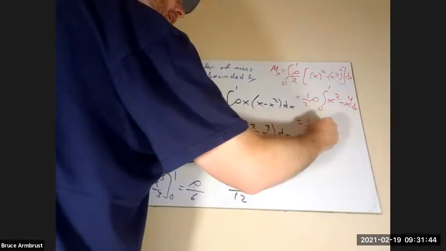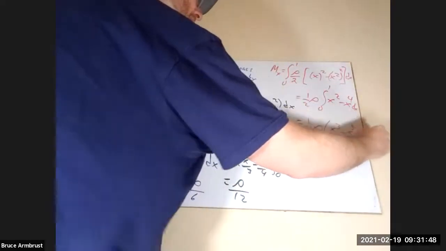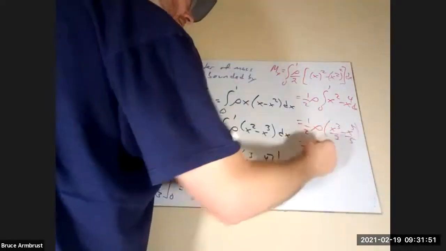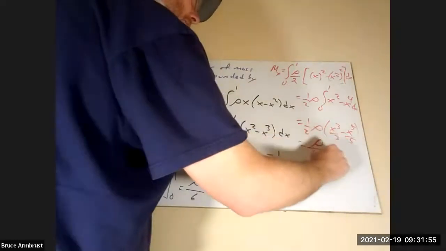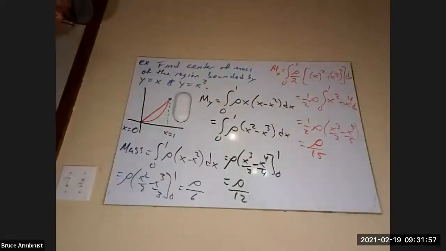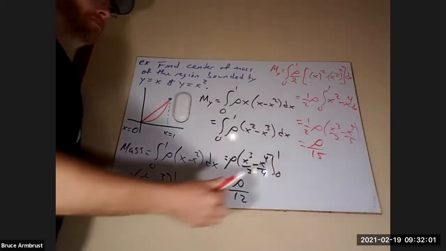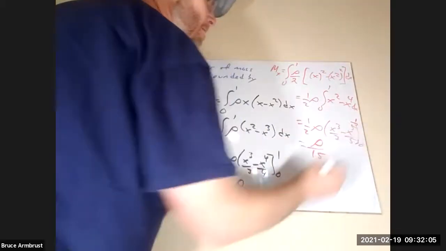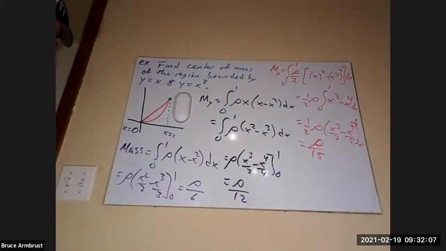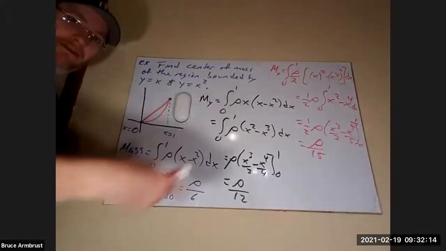All right, so that's 1/2 rho times x cubed over 3 minus x to the 5th over 5. And that ends up giving us rho over 15. All right, so like I said, at this point, it's just go through the motions.